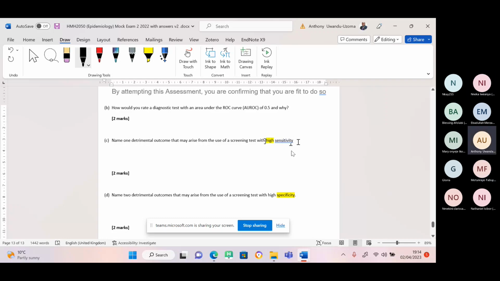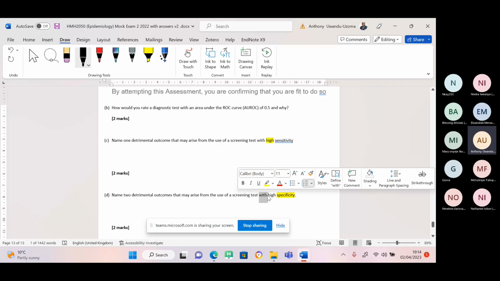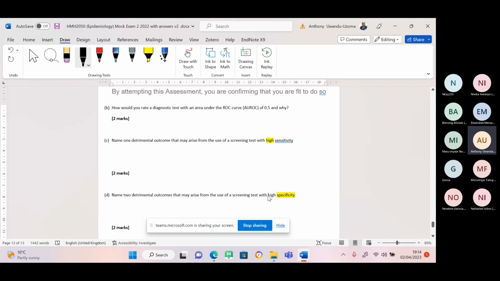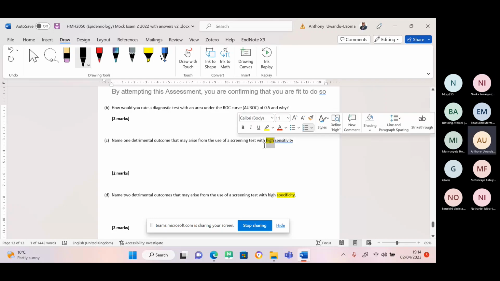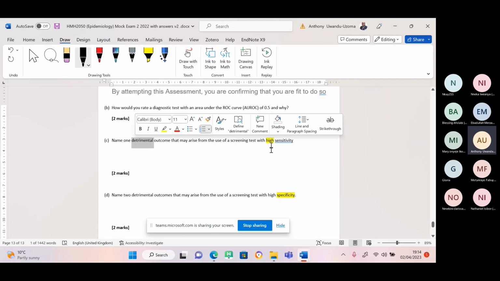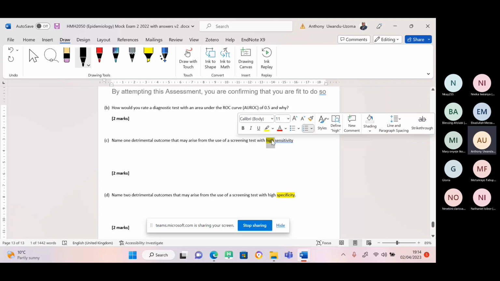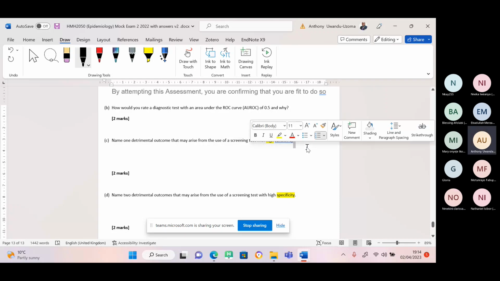What does high specificity mean? It can identify people that don't have the disease correctly. Now, what is the disadvantage of a test that has just high sensitivity only?